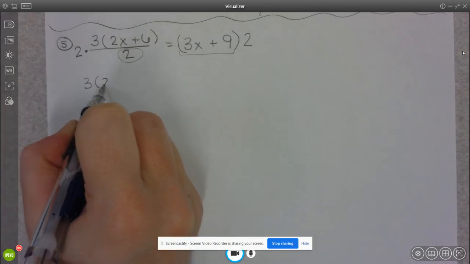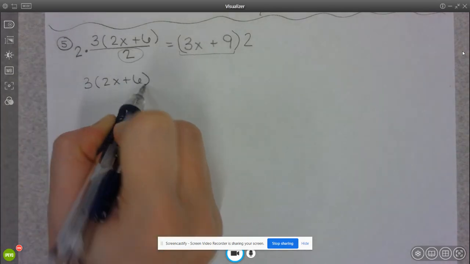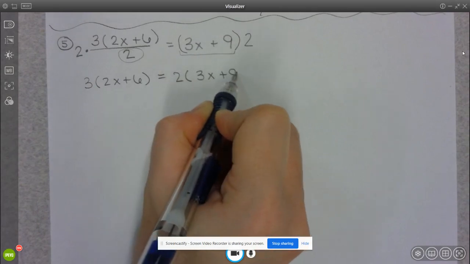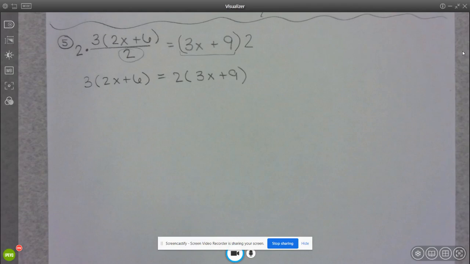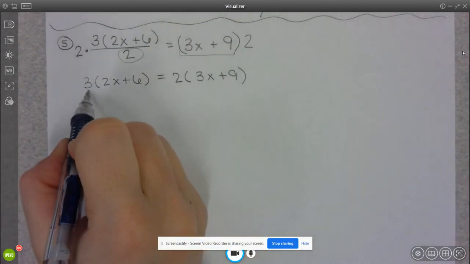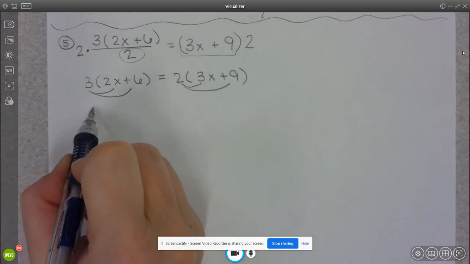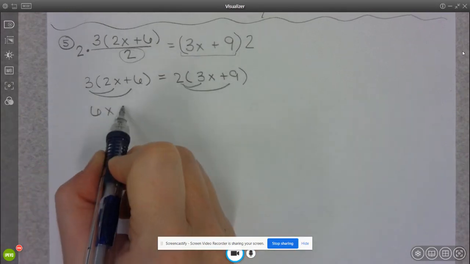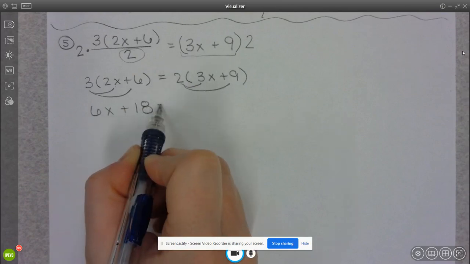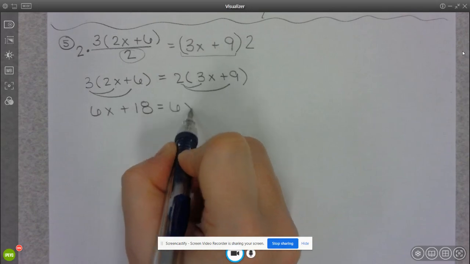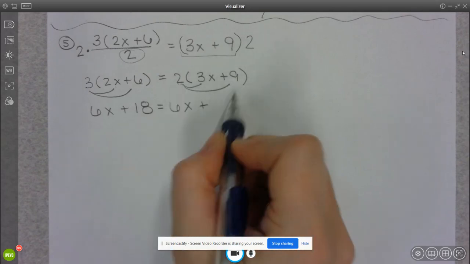So I'm going to have 3 times 2x plus 6 and 2 times 3x plus 9. And now I can do my distribution on both sides. So I'm going to do 3 times 2x and 3 times 6. And on the other side, I'm going to do 2 times 3x and 2 times 9.